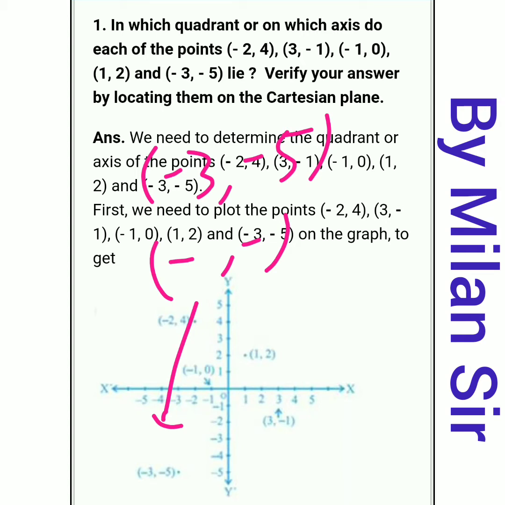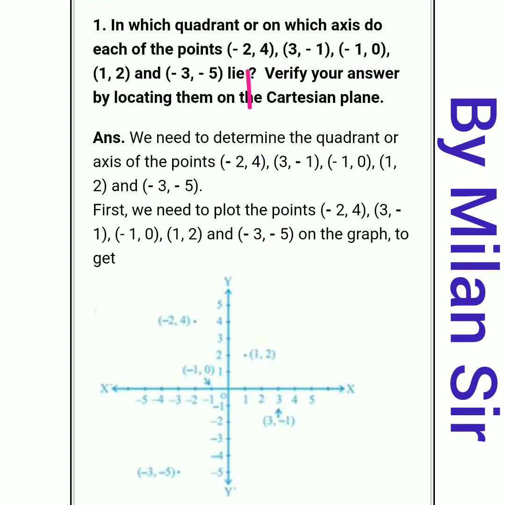Now we need to verify our answer by locating them on the Cartesian plane. Here we have the x-axis and y-axis, already drawn. The first point is (-2, 4). The first coordinate is the x coordinate, right?